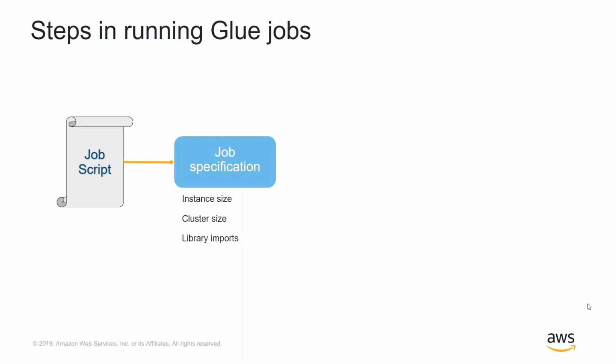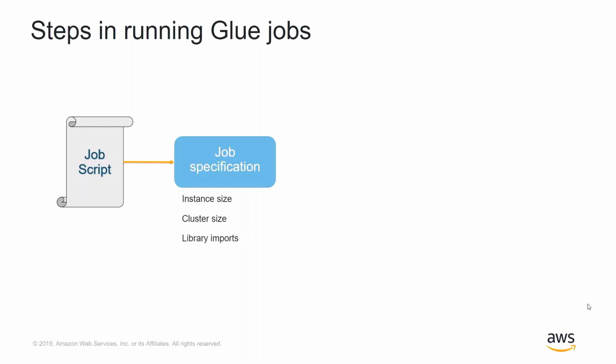If it's a Spark job, you may say, I want Glue to bring up a 10 node cluster or a 100 node cluster or a 3 node cluster. So tell a little bit more about your script so Glue can spin up the right environment for you.